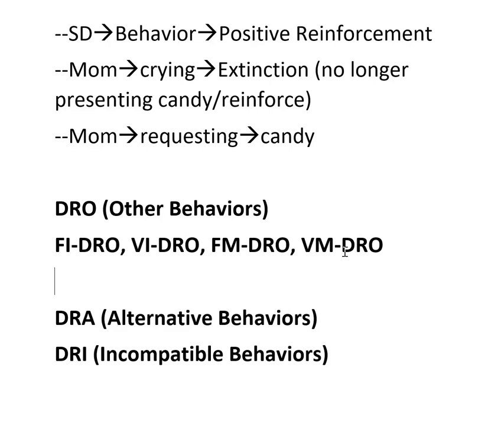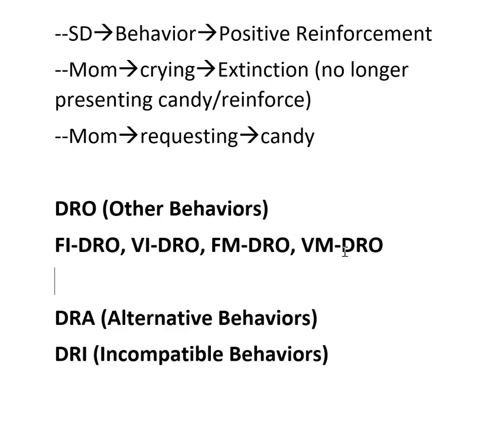Okay, fixed momentary and variable momentary, again, are time-based schedules, but based on the moment. Fixed interval and variable interval are durations, so if every 20 minutes the kid has not cried, you provide a reinforcer whatever he was doing.